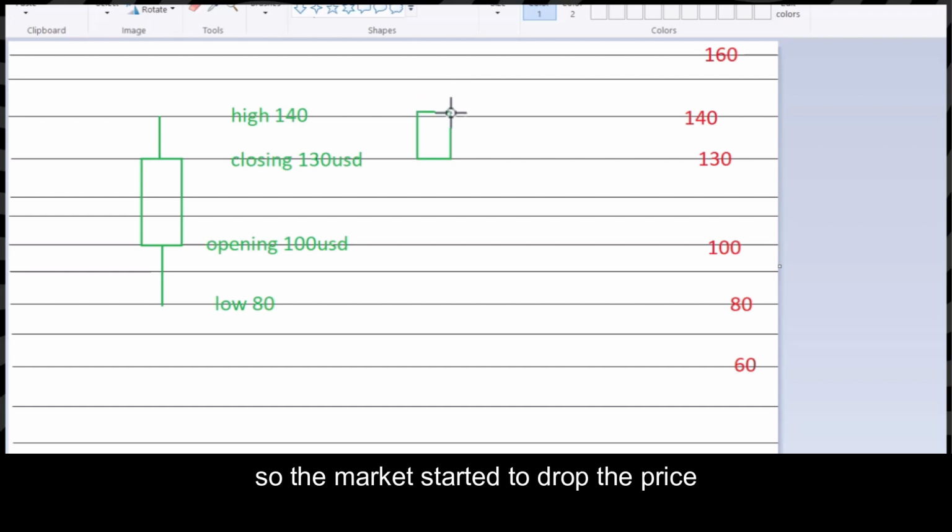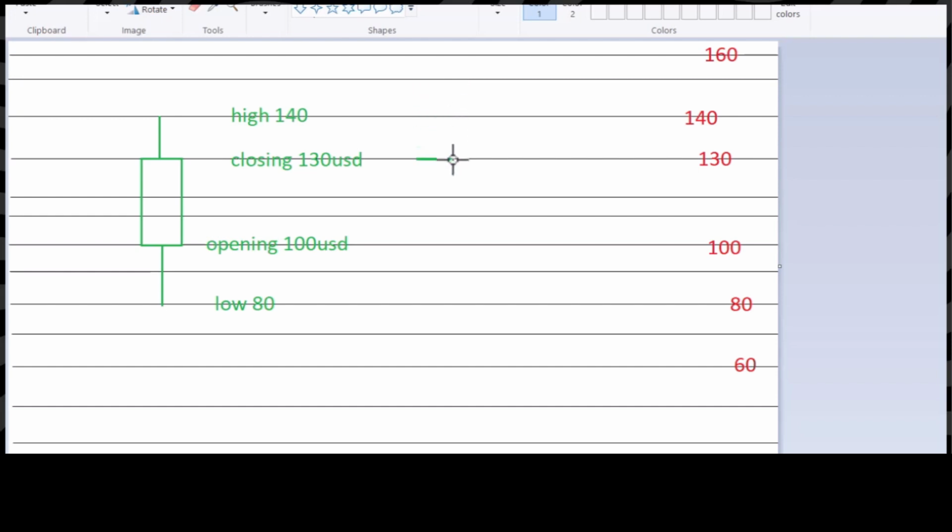So the market started to drop the price. It went to 130, and people were still not interested in paying 130 for an apple. So the candle that was green turned red, which means the market is falling. From 130 it fell to 120, 110, 100, 90, 80.